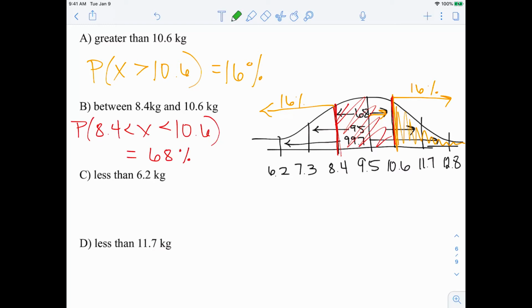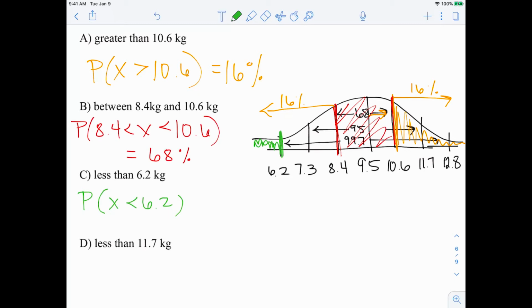For part C, I'm looking for the probability that the data value is less than 6.2. So 6.2 is right here, and I'm looking for less than. So I'm looking for this area below. In this particular case, 6.2 is 3 standard deviations from the mean. Because it is 3 standard deviations from the mean, I know that it's a cutoff for the 99.7% of the data.